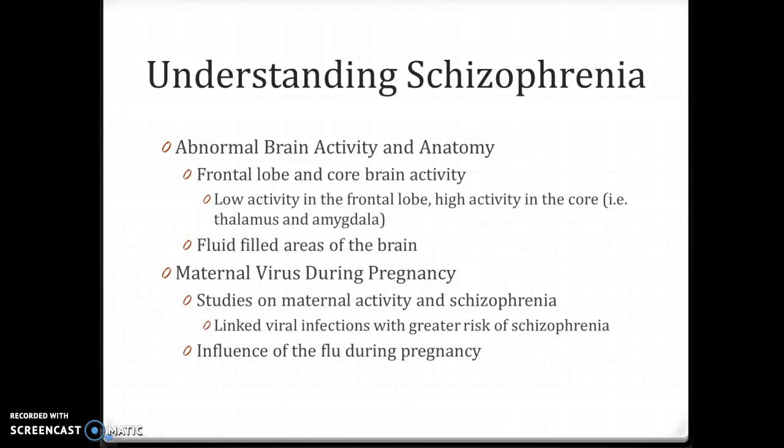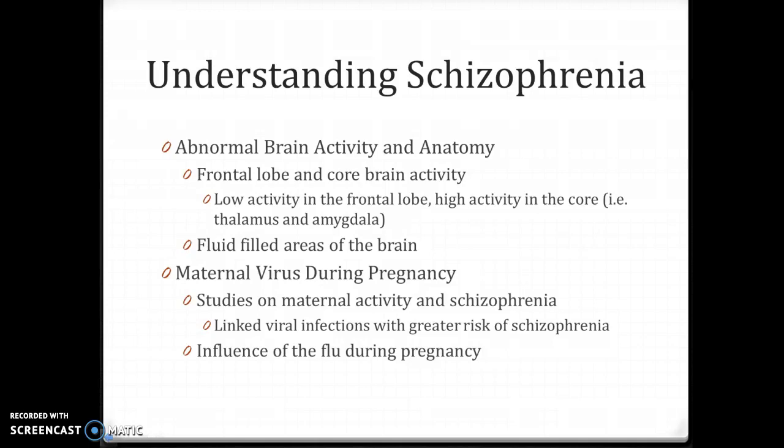We also see abnormal brain activity and anatomy. So the frontal lobe and the core brain activity, we see low activity in the frontal lobe and high activity in the core with the thalamus and the amygdala. And we also know that there are fluid-filled areas of the brain in many people who suffer with schizophrenia.